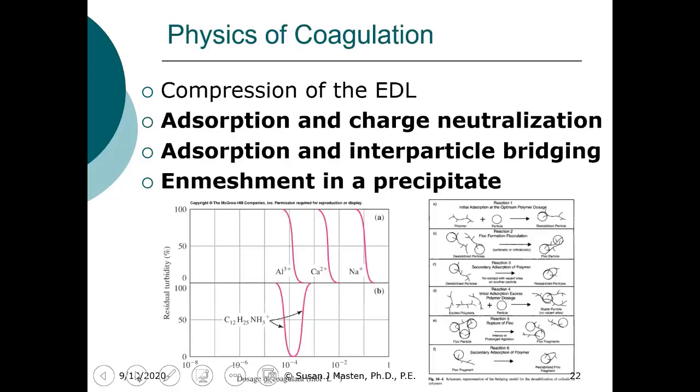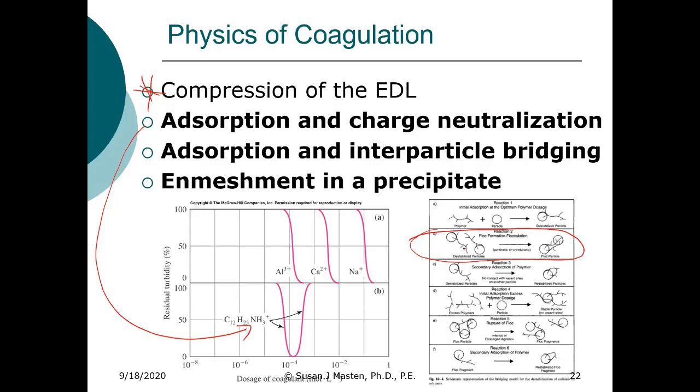Now, we've talked predominantly about compression of the double layer. I mentioned adsorption and charge neutralization, which really is what happens with the dodecylammonium. Now, you can also get adsorption and what we call interparticle bridging, and that is shown here in this reaction right here.